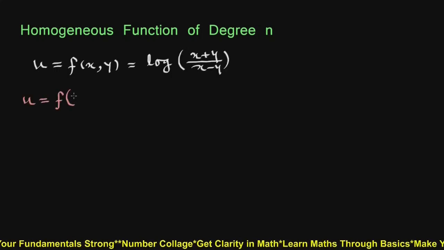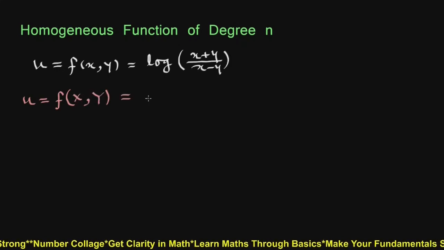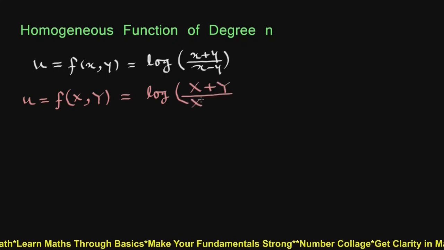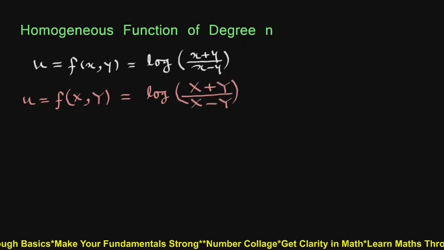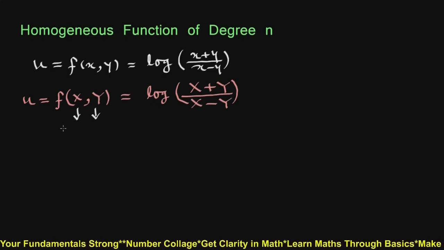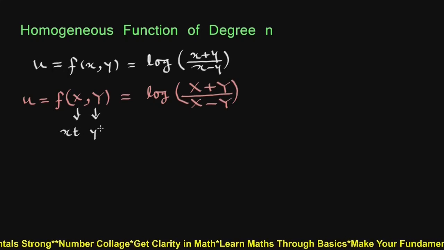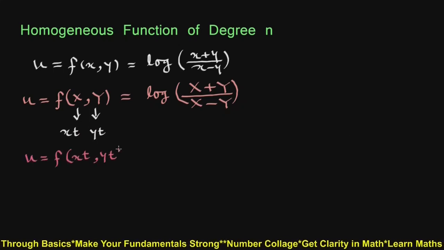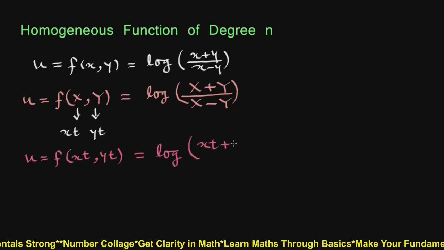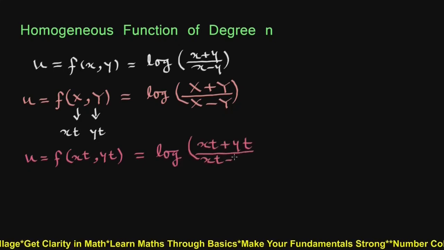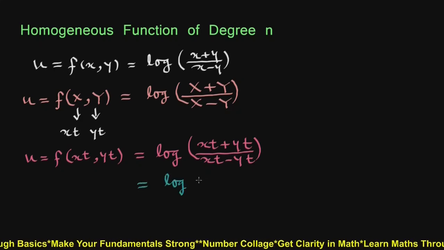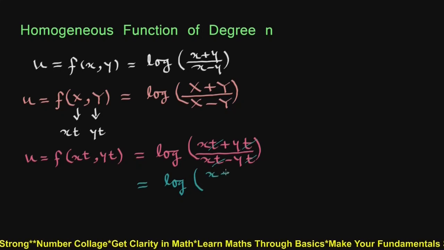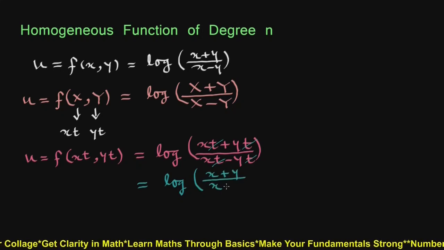This will be f of capital X, capital Y as log of capital X plus capital Y upon capital X minus capital Y, which after replacing x and y by xt and yt will become f of xt, yt as log of xt plus yt upon xt minus yt, which, after cancelling this t from numerator and denominator, will become log of x plus y upon x minus y.